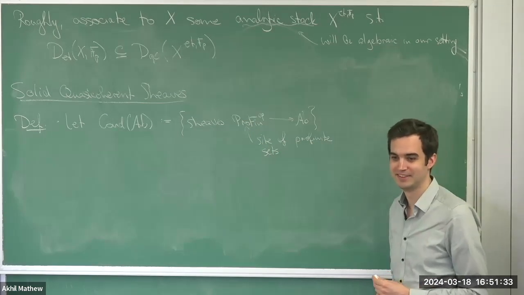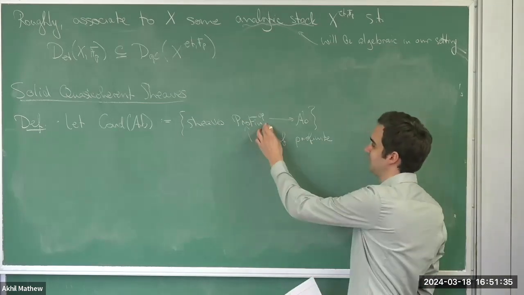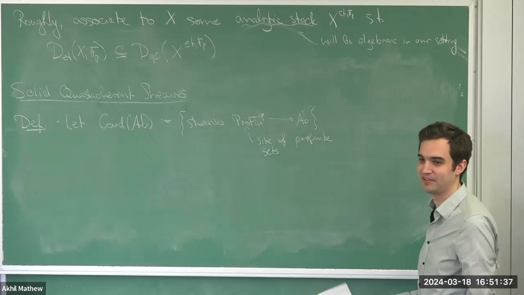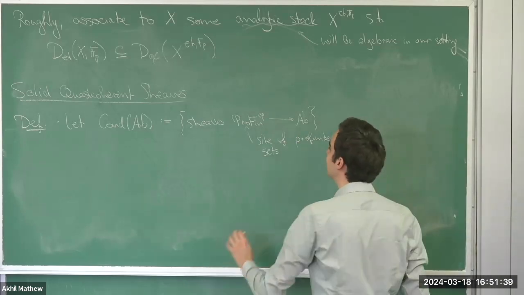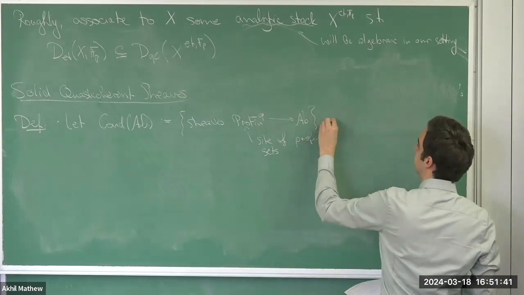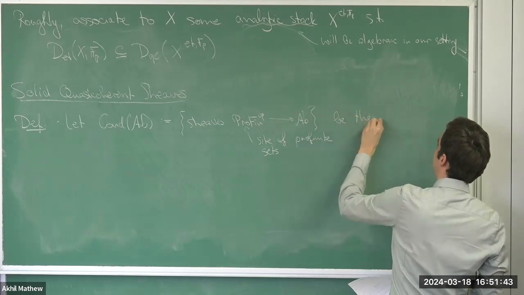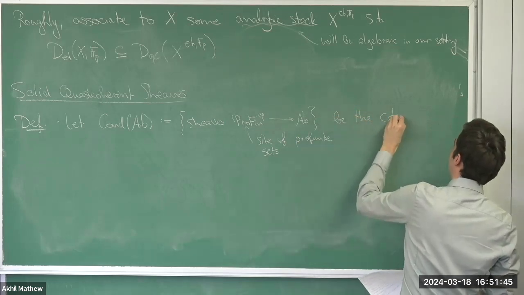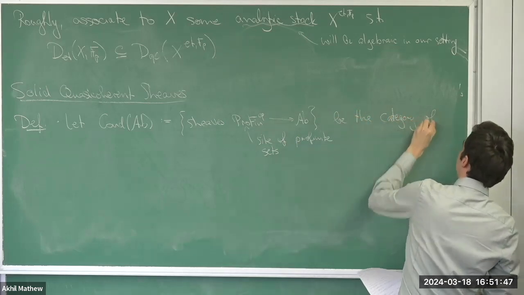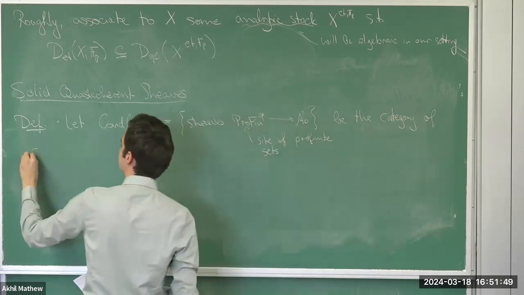Yes. So if you pick some cutoff here, that's totally fine for everything I'm going to talk about. So this is the category of what I call condensed abelian groups.